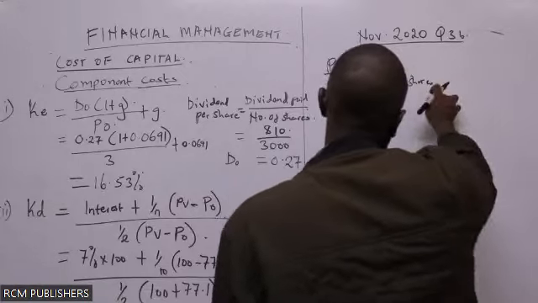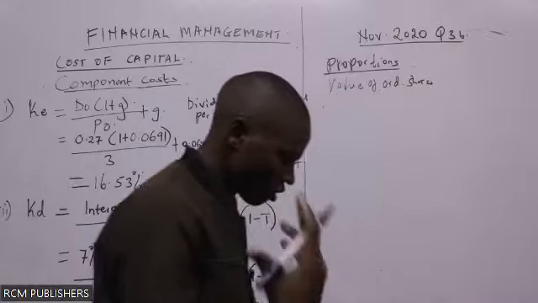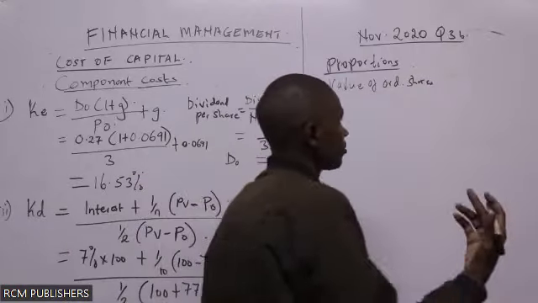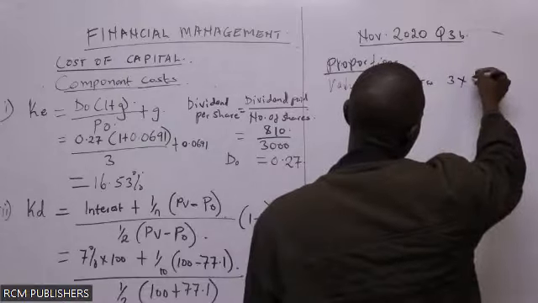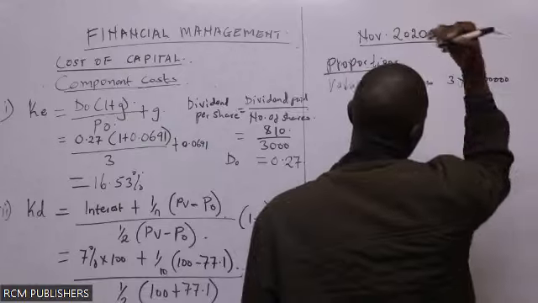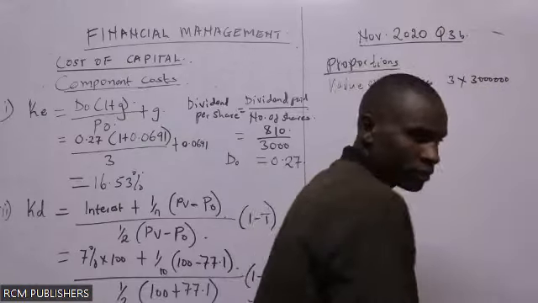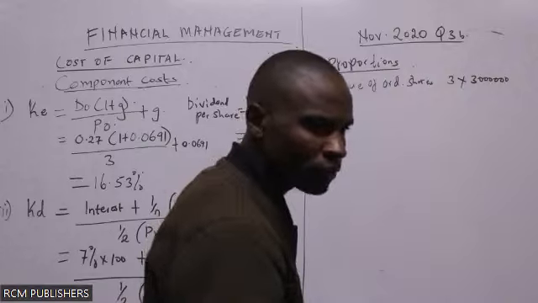To get the value of ordinary share, you get the market price times the number of shares. Market price was 3 million times number of shares, 3 million as well. Let's see, is it visible?